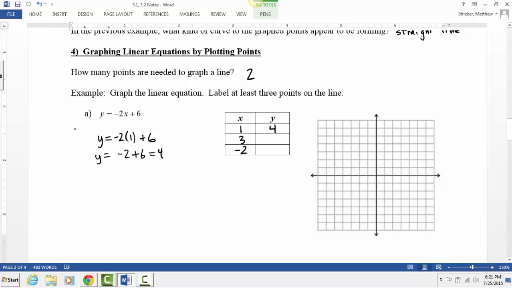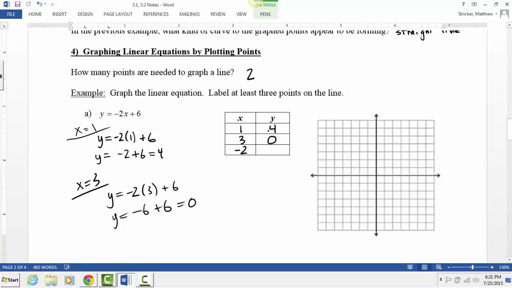Let's do one more. I'm not going to do all these. If I chose, for example, x equals 3, this would give us y equals -2 times 3 plus 6. And -2 times 3 is -6. -6 plus 6 equals 0. So when x equals 3, y is 0.